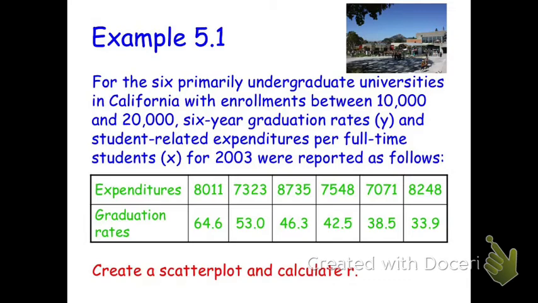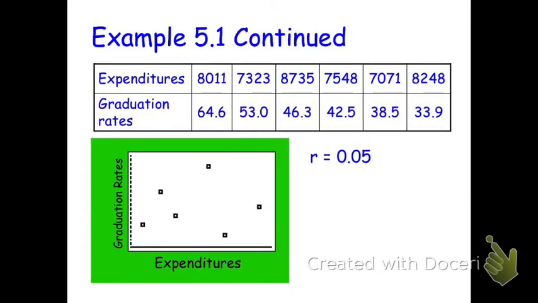So let's go ahead and get some more practice. I want you to put the expenditures in list 1 and graduation rates in list 2. When you're making a scatter plot, everyone look here and listen. You do not need any numbers when you make a scatter plot.